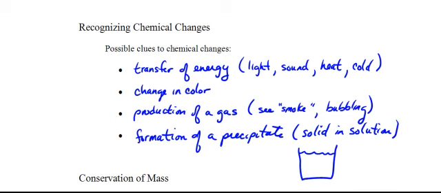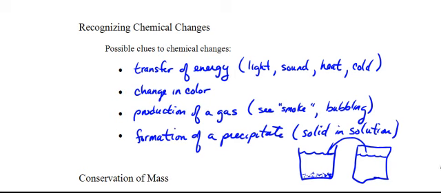If you have a solution, we'll talk more about what solutions are, but it's a liquid with something dissolved in it, and then you take another, oops, apparently it's a broken beaker, but here's another solution, and I pour this into there. There's a chemical reaction that can take place, and a solid will form and sink to the bottom. And so it's going to look something like that. That's all a precipitate is. You're going to see a lot of them. In fact, you're going to do a reaction in which you produce 96 of them very, very quickly.